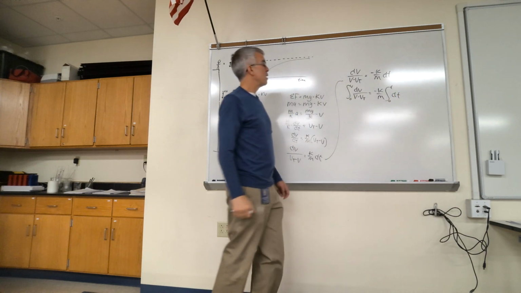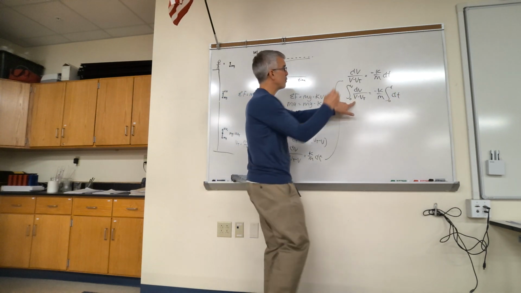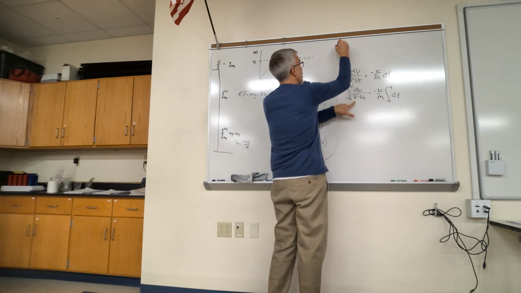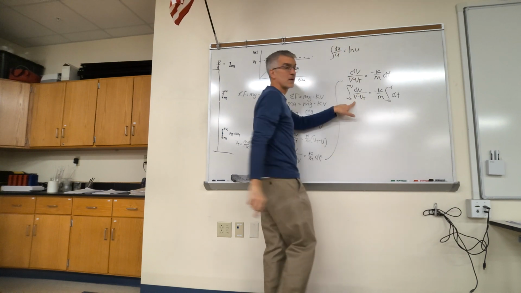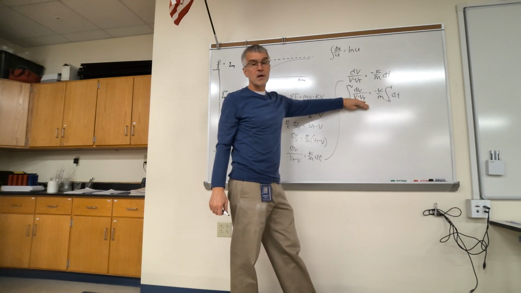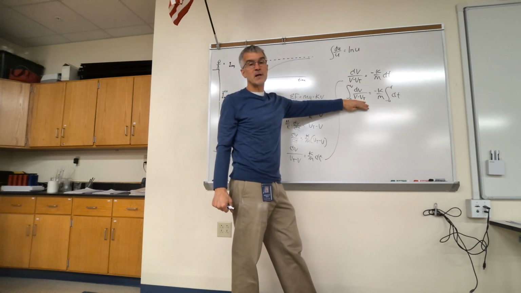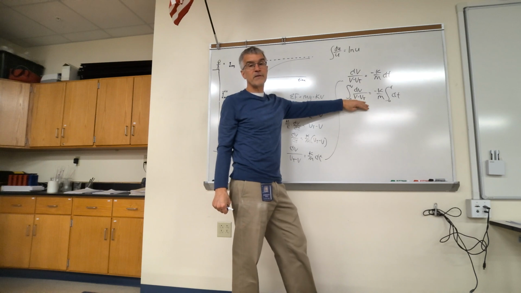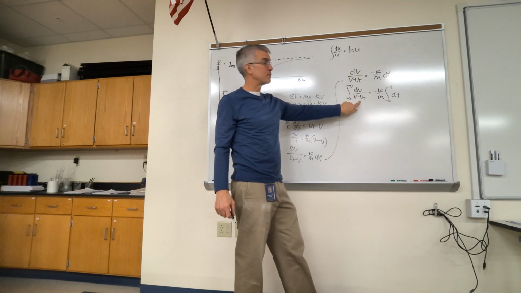Okay. Now, before I do this integration, I just want to point out that if I have du over u, and I integrate that, this is the natural log of u, all right? So, if I make my u equal to v minus vt, du is just dv, because vt is a constant, all right?